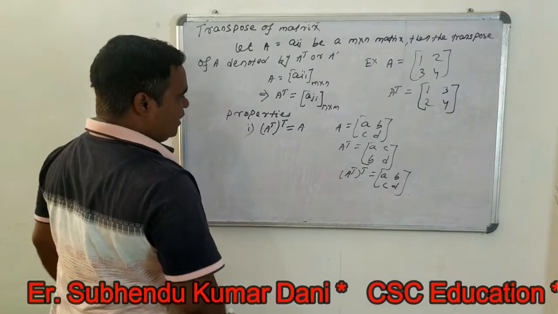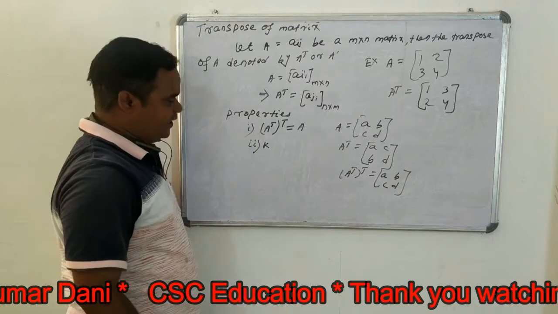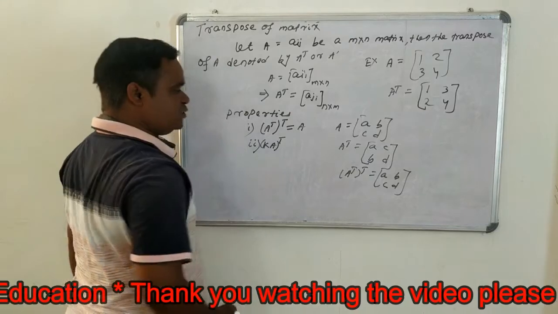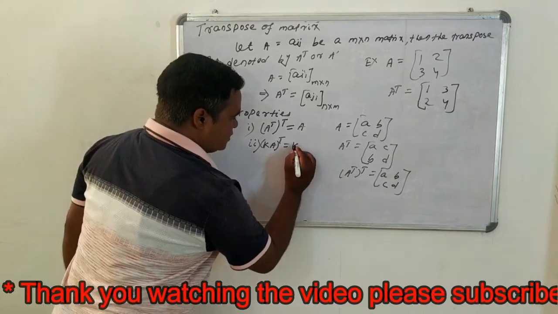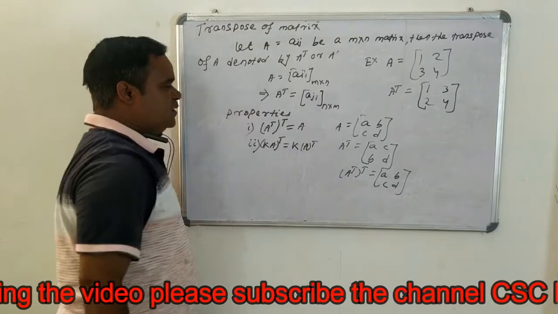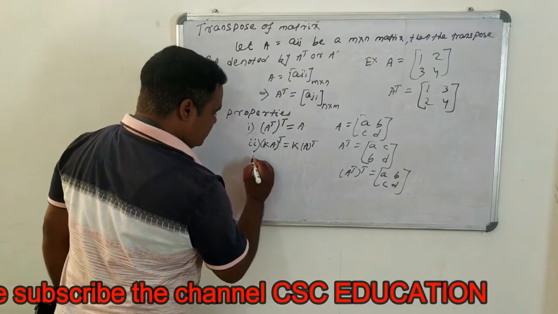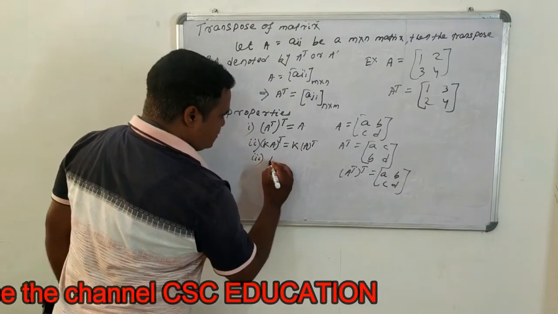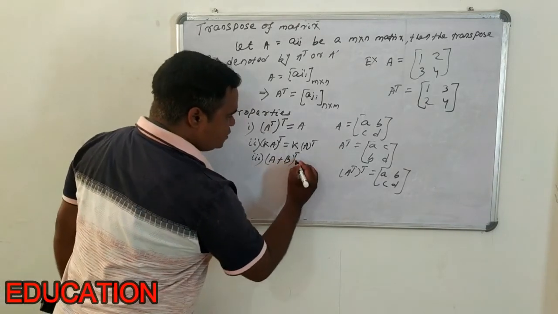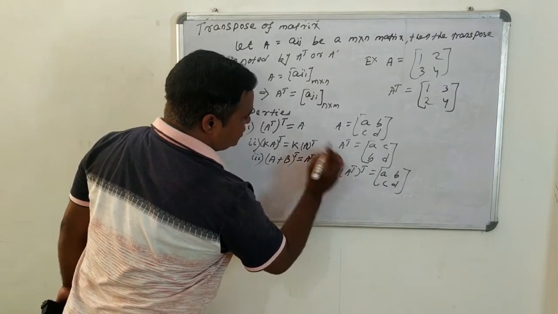Okay. Property number 2: suppose there is a scalar K and A is a matrix, then the transpose of K A, the scalar being common, is K times the transpose of the given matrix. Then the third property: for two matrices, the transpose of A plus B equals A transpose plus B transpose.